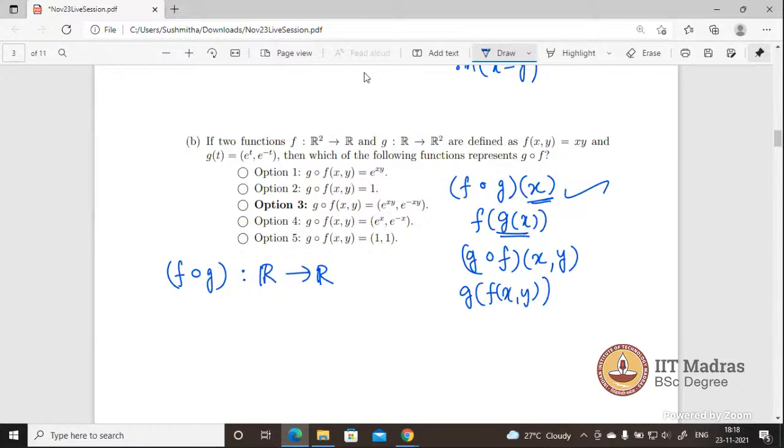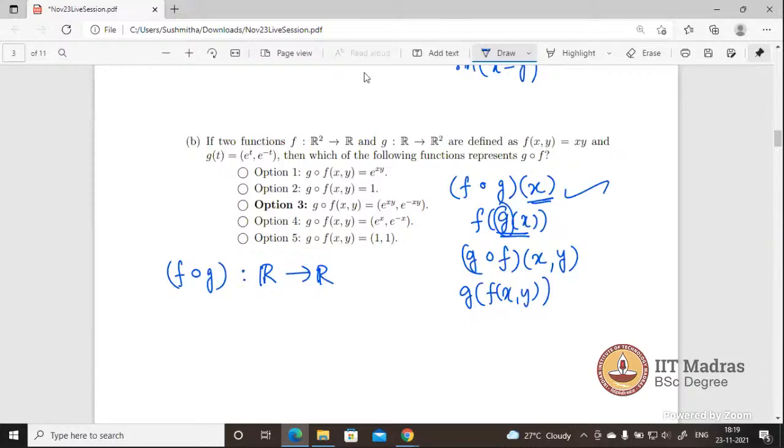So you need to look at the set where the function G takes values, that's what you operate first. Why did we write an X here instead of X comma Y? Because that's the domain of G. So that's going to be the domain of this function too, right? Yes, ma'am. It's taking the domain and finally it's returning R only. Okay, fine.